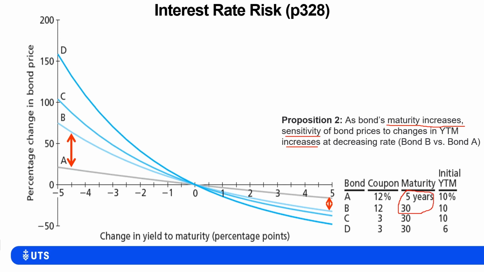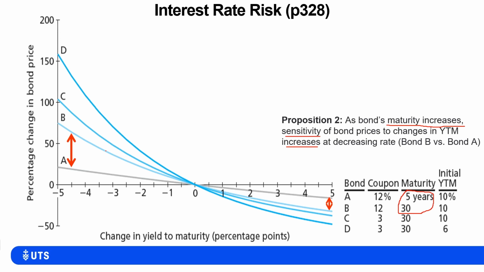All the other characteristics of them are the same. We can see that bond B's curve is much steeper. This indicates it indeed has higher price sensitivity to any changes in interest rate.